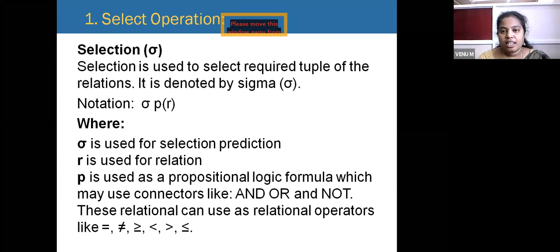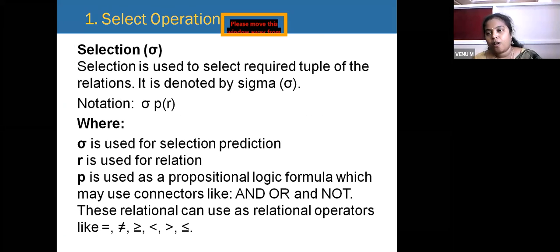Now we have to discuss selection, projection, and renaming, first thing. What is meant by selection? Selection is used to select the required tuples of the relation, meaning what the user wants from the table. Based on that condition only, we select the rows. The representation of selection is sigma.